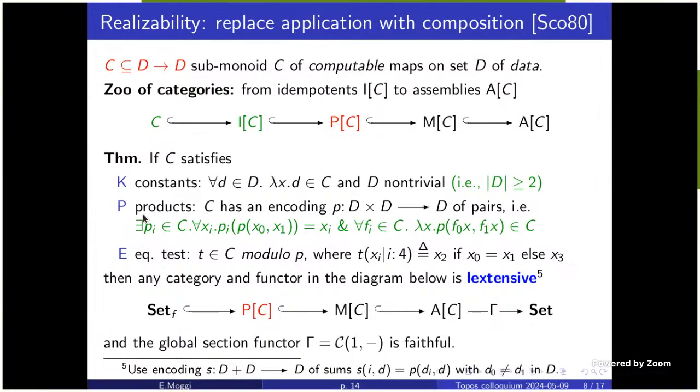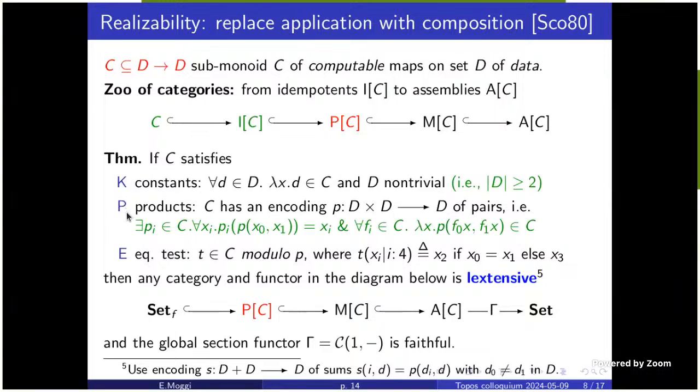Then I have a way of encoding pairs. So I have an encoding of pairs in D such that I can extract, using a map in C, from the encoding of a pair its components. And if I have two computable maps, F0 and F1 in C, by doing this pairing, I get again a map in C.